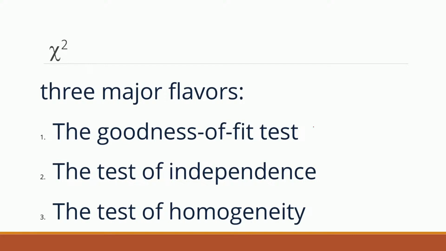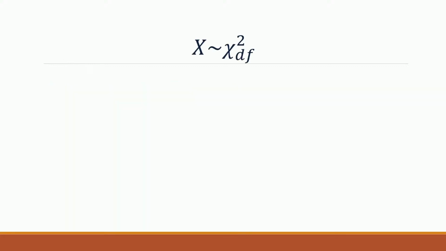We'll do the test for independence on Friday. And the test for homogeneity, we'll skip, because it's almost the same as the test for independence. They're very similar. If you take an advanced research methods class, you might have to deal with it, but not now.